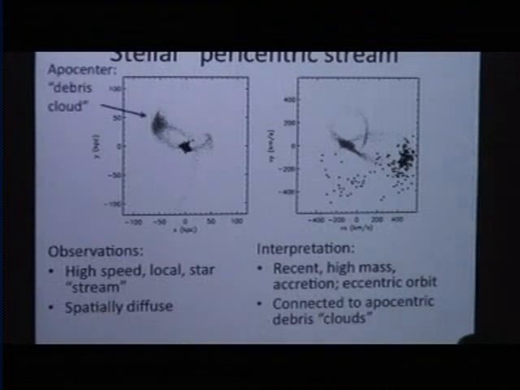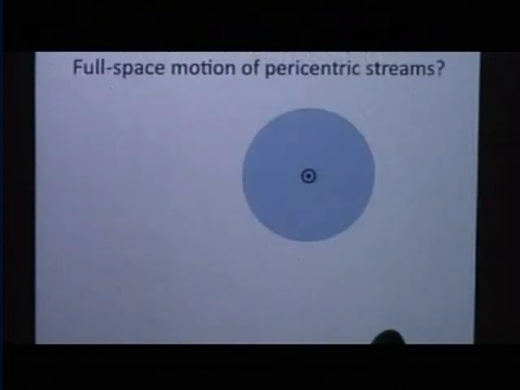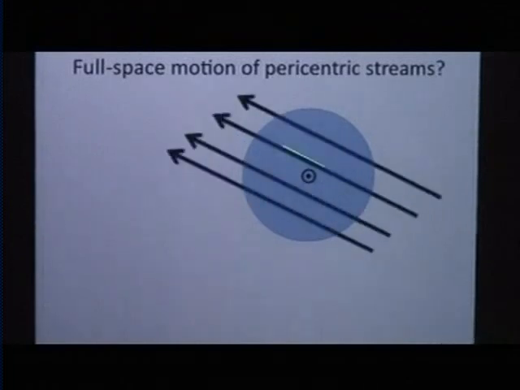Here's what we came up with. Let's think of these pericentric streams. Here's the sun. Here's our survey volume. And a crude picture of what we're seeing in the simulations is the debris streaming past us at high velocity with a single velocity vector. So even I can do this problem.